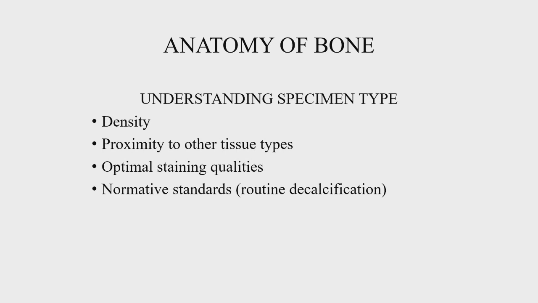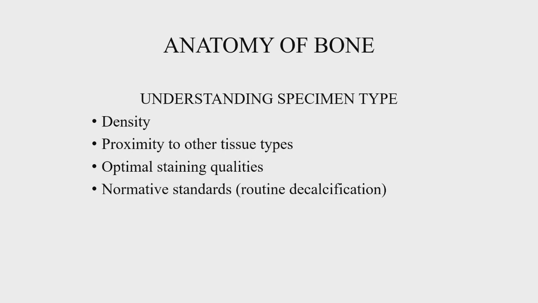Optimal staining qualities. When bone is properly decalcified, what are the optimal staining qualities? What should you be seeing? And many times the technicians that do the decalcification are not the ones that are really checking this after the fact. So they sometimes never see if it's over decalcified.